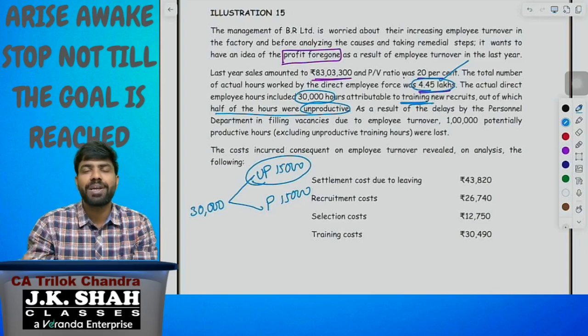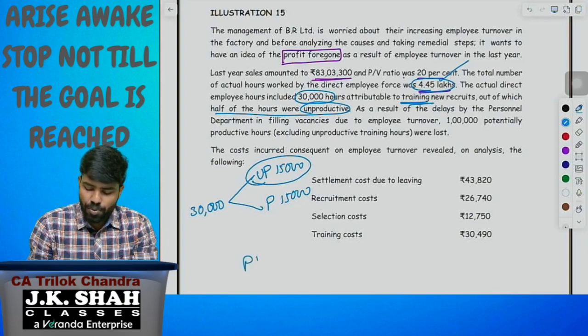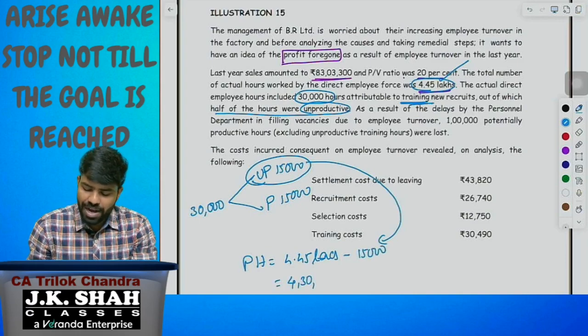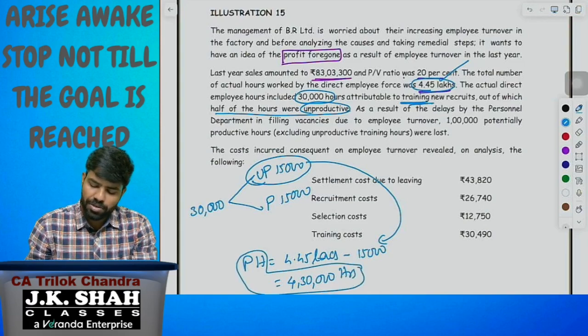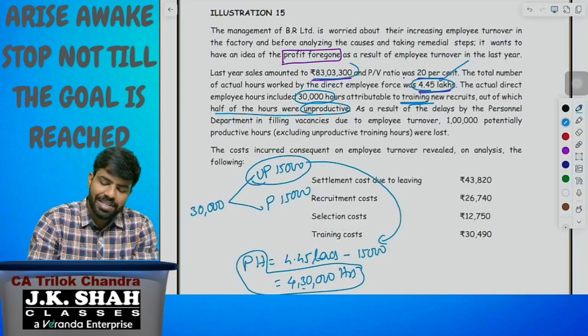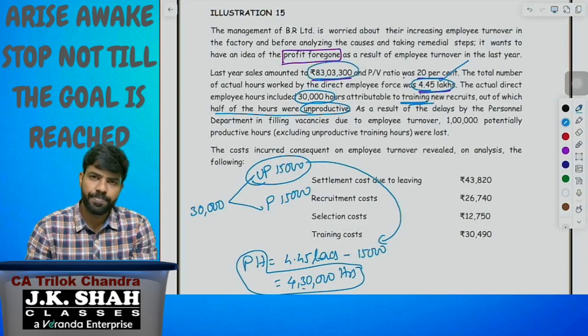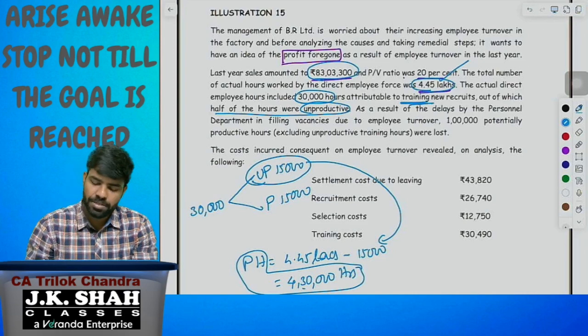The effective productive hours equal 4.45 lakhs minus unproductive 15,000. Effective productive hours is 4,30,000 hours. During these productive hours of 4,30,000, the sales they are able to achieve is 83,03,300. Clear till now? Next.